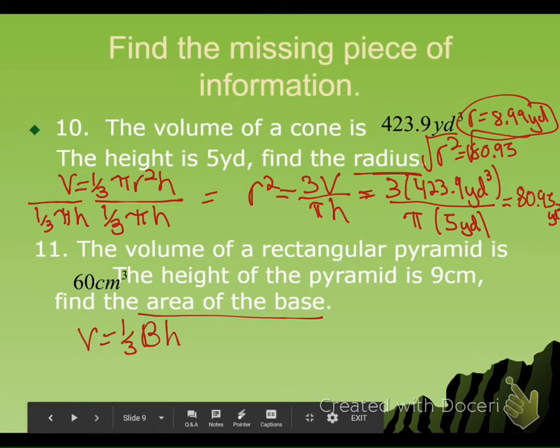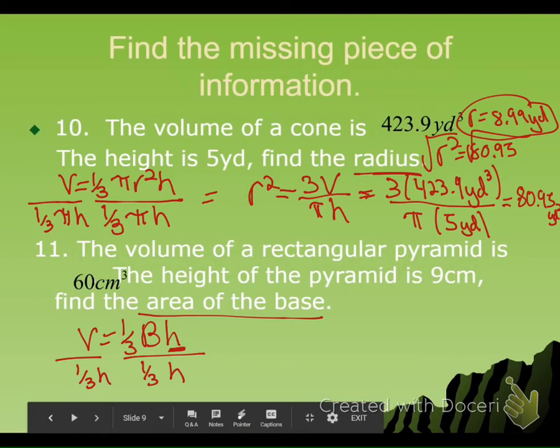Which symbol stands for the area of the base? B, right. So how do I get B by itself? What are we going to divide by? We're going to divide by 1/3 h.